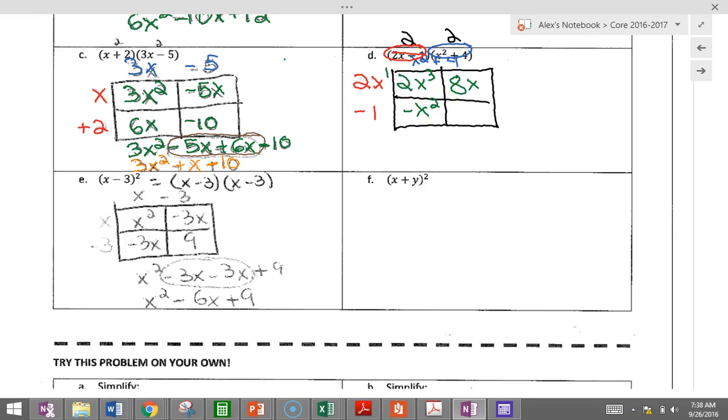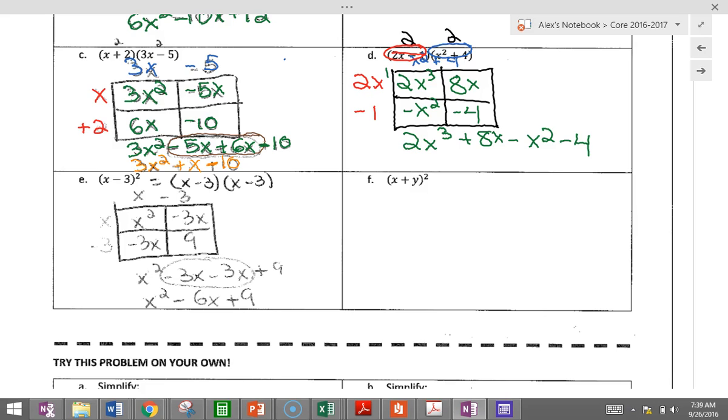And negative 1 times 4 gives me negative 4. So I'm left with 2x cubed plus 8x minus x squared minus 4. And none of these are like terms, so I can't add anything together.